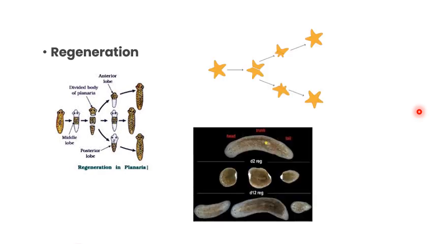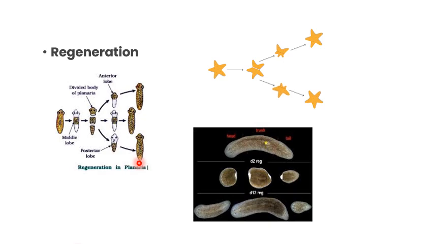But in species like planaria, you can see how regeneration occurs. The regenerated body part is fully functional and indistinguishable from the original. Here the parental body will divide, and whichever part gets separated will regrow as a new individual.